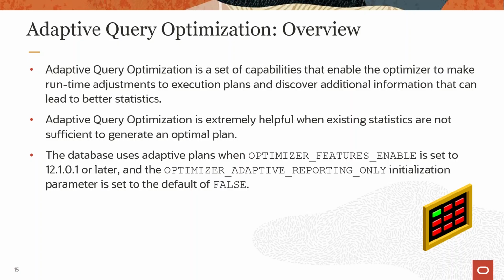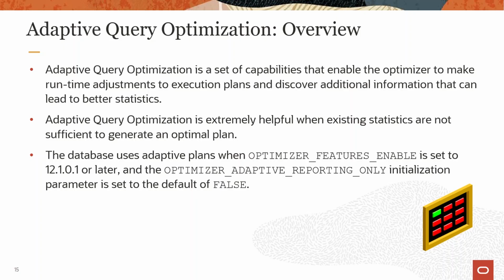Now, in 12c, you have adaptive query optimization, which is a set of capabilities that enable the optimizer to make adjustments at runtime to the execution plan and discover additional information that can lead to better statistics, and even change the execution plan at runtime to one that is much more optimal than the initial one. It is extremely helpful when existing statistics are not sufficient to generate an optimal plan.